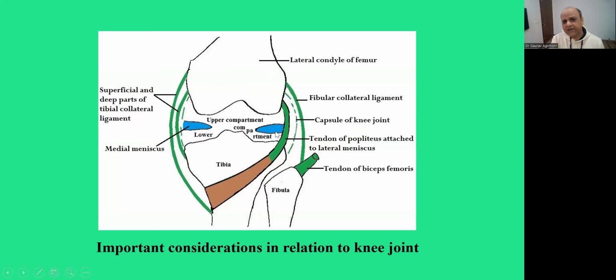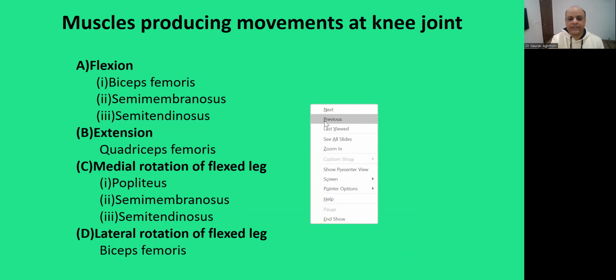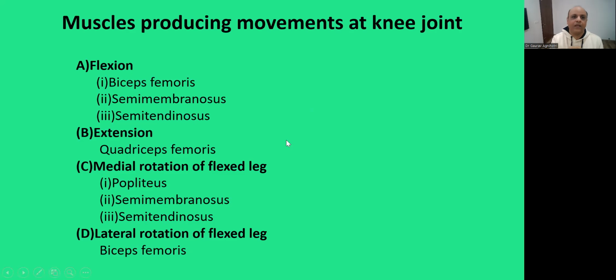While this is the lateral meniscus, which is circular, and its relation to the tendon of popliteus needs to be appreciated. You can appreciate here that the tendon of popliteus is attached to the lateral meniscus, so it protects it.